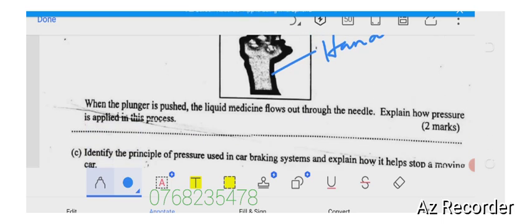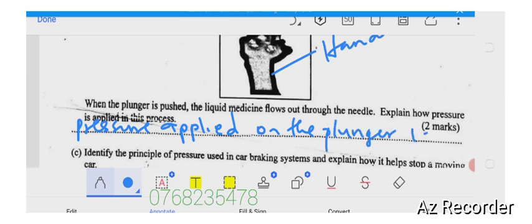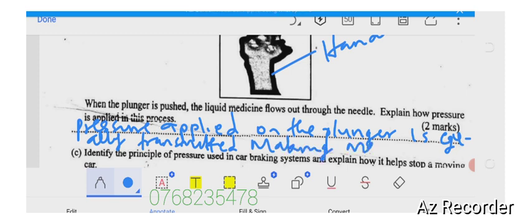So here, pressure applied on the plunger is equally transmitted, making the liquid medicine flow out, from Pascal's principle.